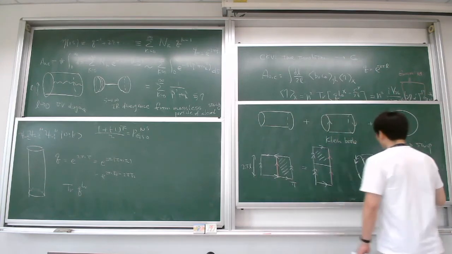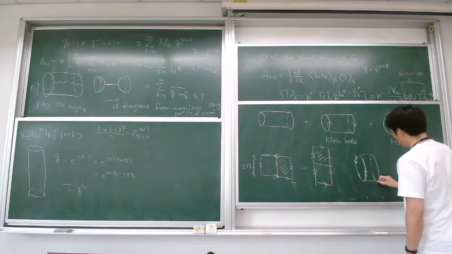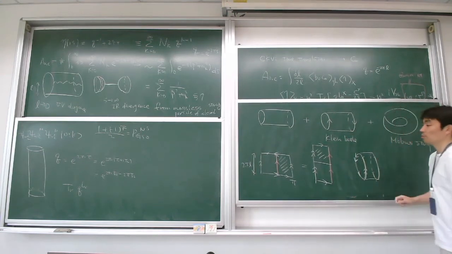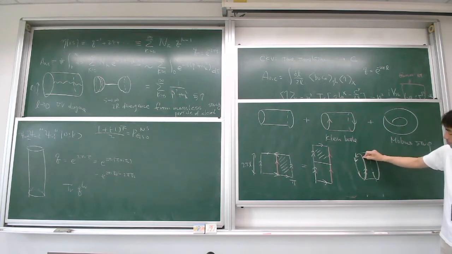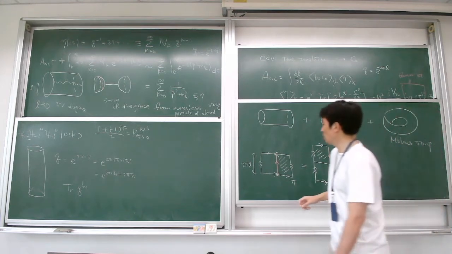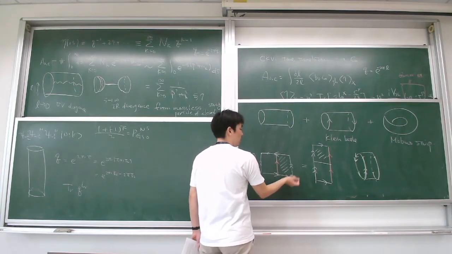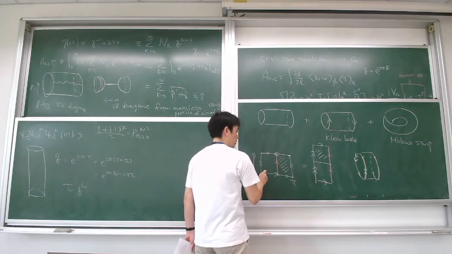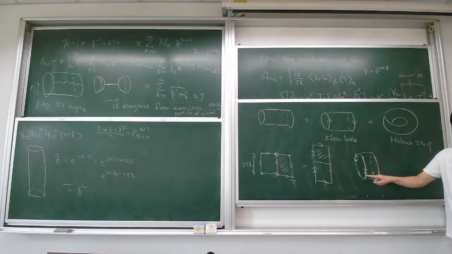So the opposite point should be identified. So this yellow half circle should be identified. Indeed, all these points are the same point. As you can easily see, this point is identified with this point, and this point with this point. Therefore, these 4 points are indeed identical points.